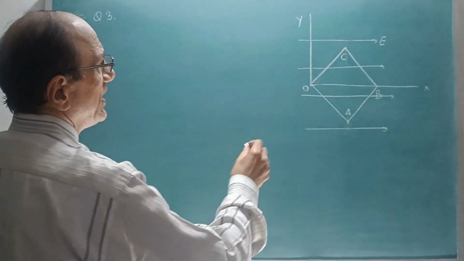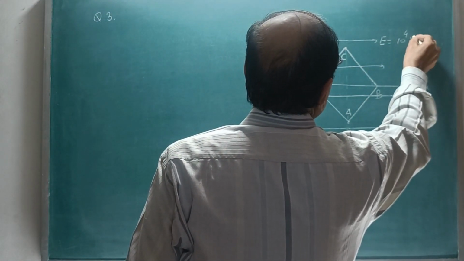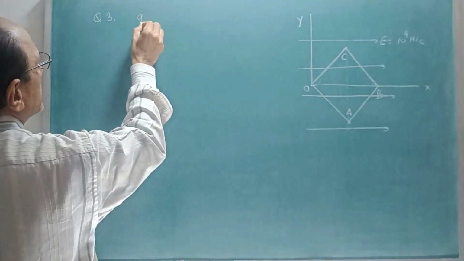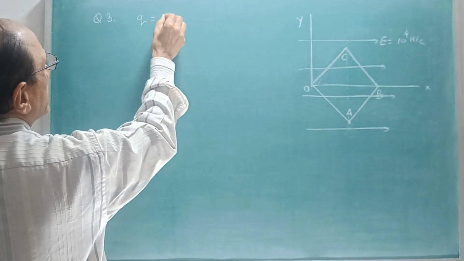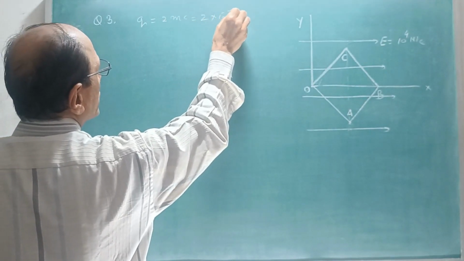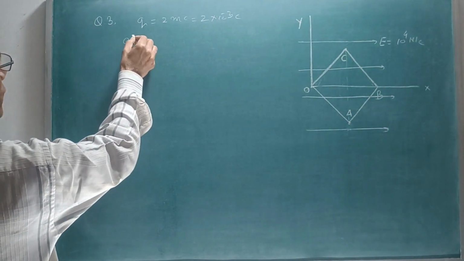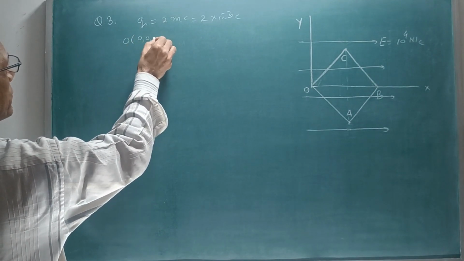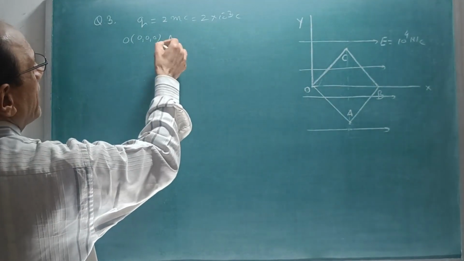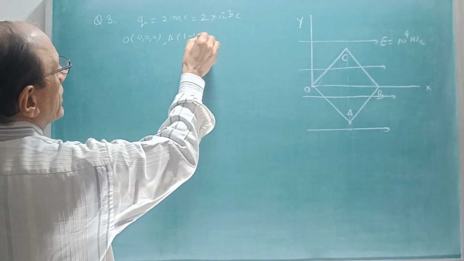So here E is 10 raised to power 4 Newton per Coulomb. The charge which is being moved is 2 millicoulomb, that is 2 into 10 to the power minus 3 coulomb. The coordinates of O are 0, 0, 0, the origin. Point A is 1, minus 1, 0.